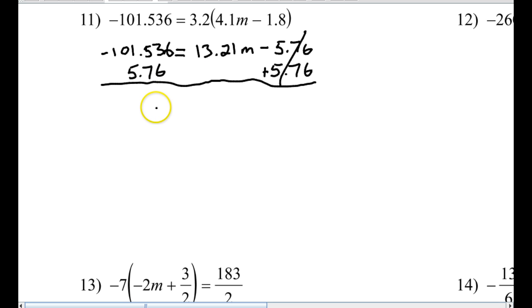Okay. We got 5.76, and we're doing minus 101.536.